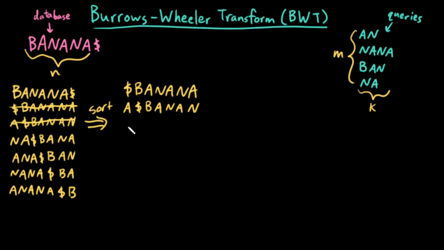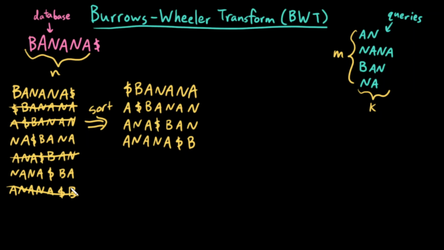So ana$ban is smaller. Then I have anana$b. That's my last rotation that starts with an A. Okay, so that's all of the A's.